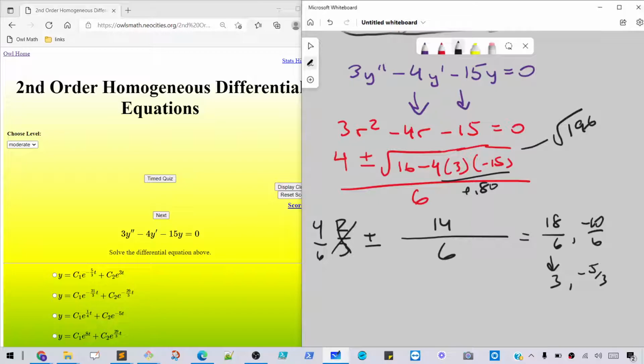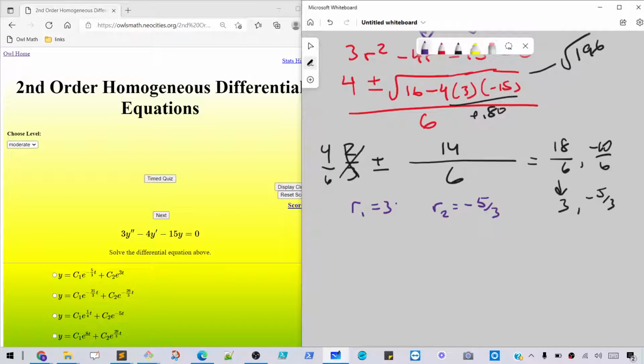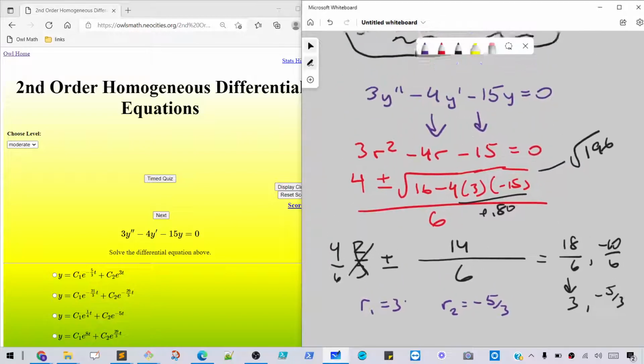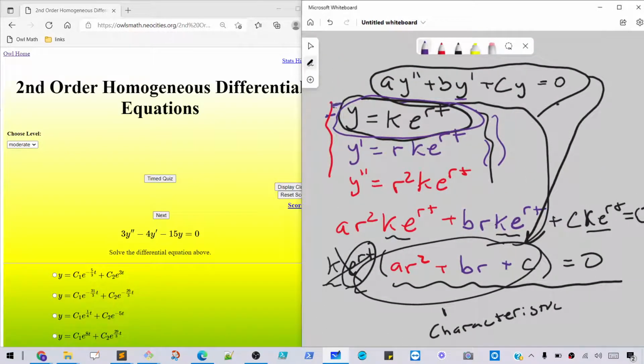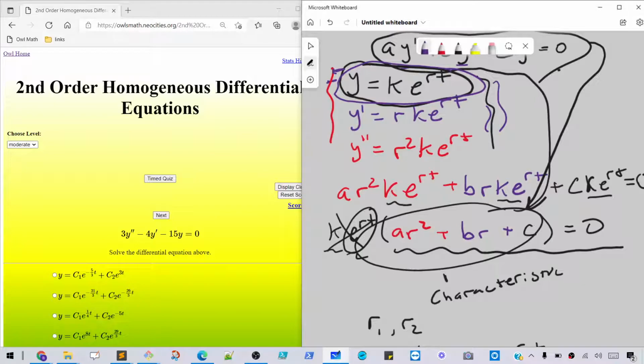So we've got our r1 equals 3 and r2 equals minus 5/3. Let's put it in that form that we defined up here, where we defined what we want our y to look like.